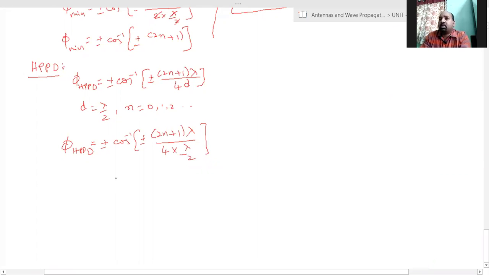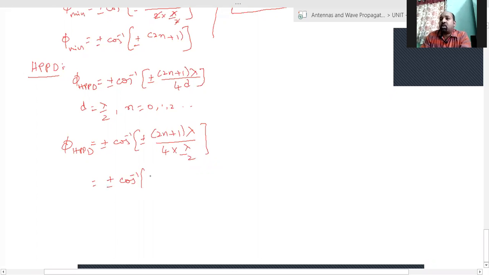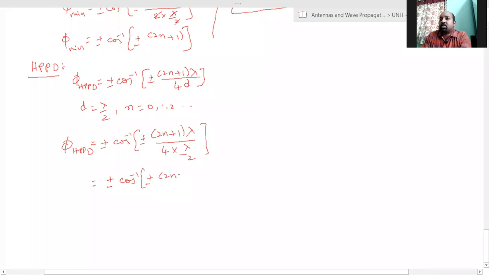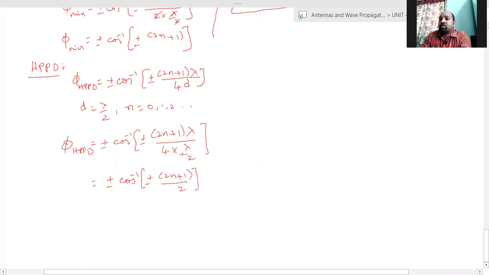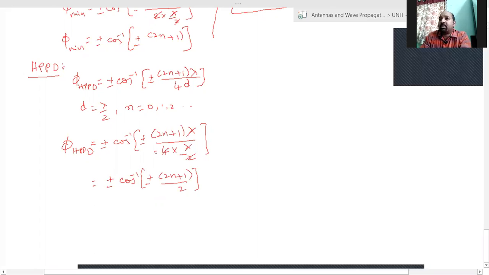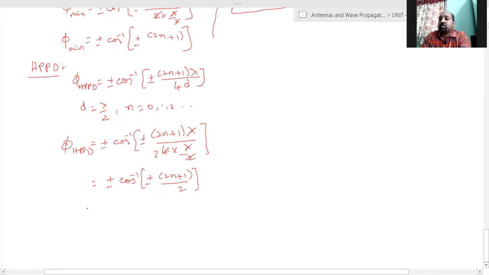So what will we get? Plus or minus cos inverse plus or minus (2n plus 1) by 2, because lambda will get cancelled and the 2 is 2 times, so this you will get.